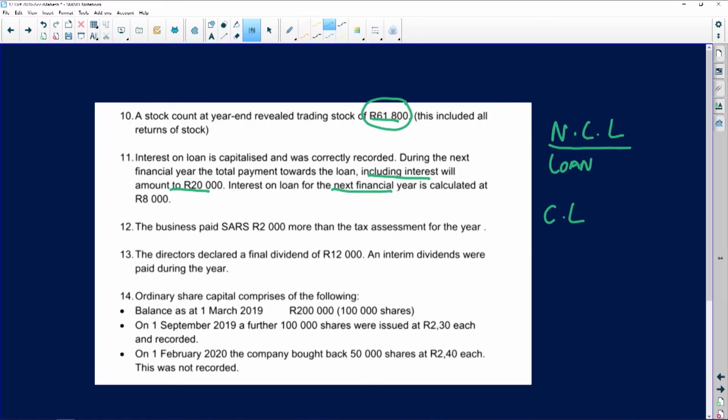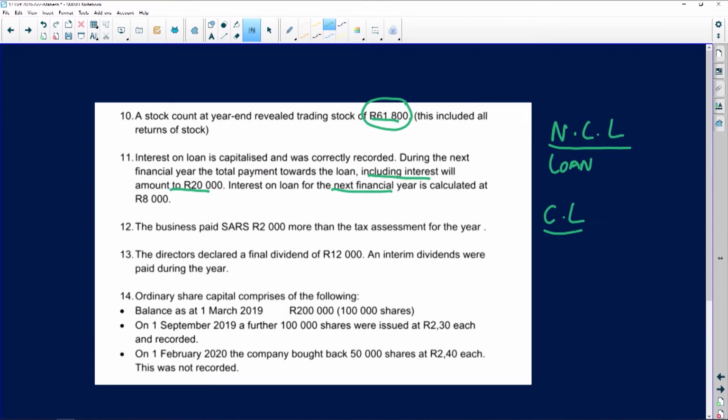Right, however, every financial year you need to ask yourself how much will be paid off within the next 12 months. So remember, any amount paid within a year, within 12 months, becomes a current liability. So that is what we are now trying to establish.